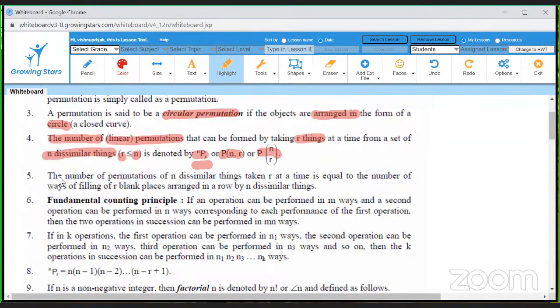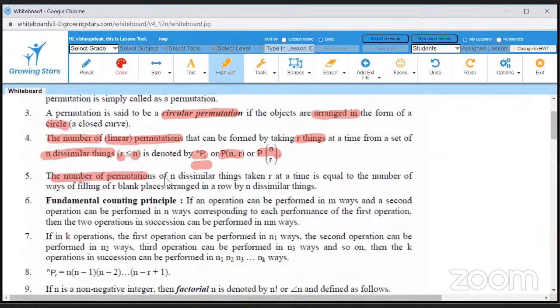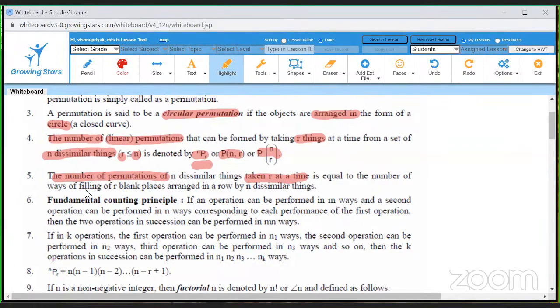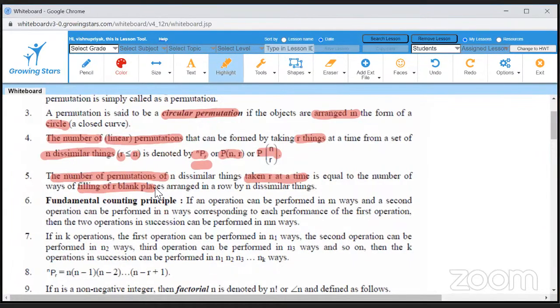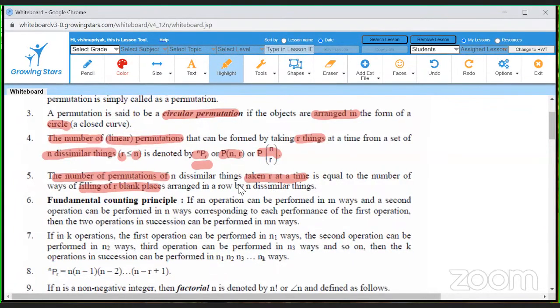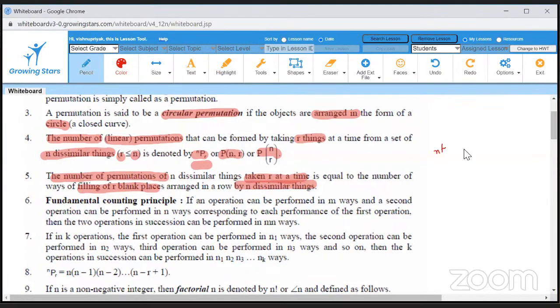Now, the number of permutations of n things, taking r at a time, is the same as filling r places by n things. Suppose in total you have n things. You are taking r things and arranging.